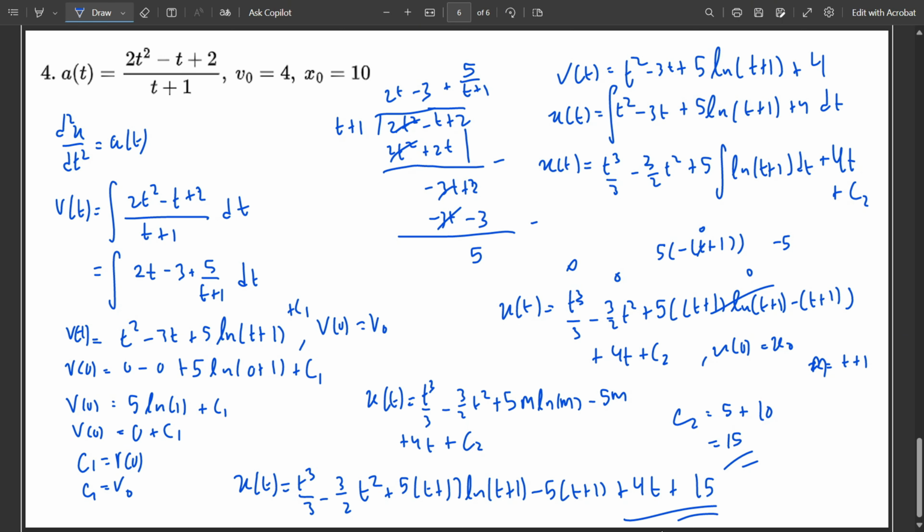So this is our particular solution to this basic differential equation. Okay, great.